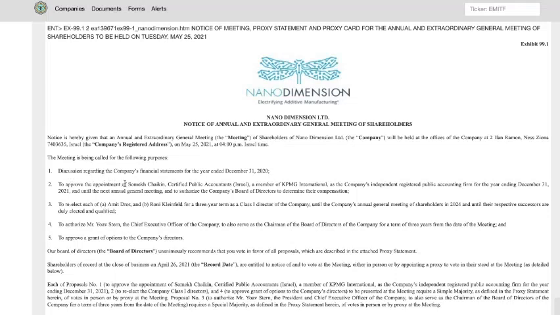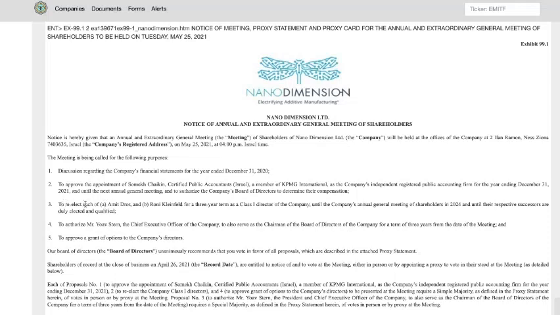To approve the appointment of Somekh Chaikin, sorry if I couldn't say that right, Certified Public Accountants Israel, a member of KPMG International, as the company's independent registered public accounting firm for the year ending December 31st, 2021, and until the next annual general meeting, and to authorize the company's board of directors to determine their compensation. It'll be very interesting to see what they compensate their board of directors with.